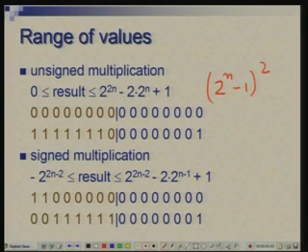This number could be expressed, I have illustrated with an 8-bit example, n equal to 8. 2 raised to power 2n basically corresponds to a 1 here and all zeros. From that you subtract 2 into 2 raised to power n, which means 2 raised to power n plus 1, that means you subtract a 1 in this position.